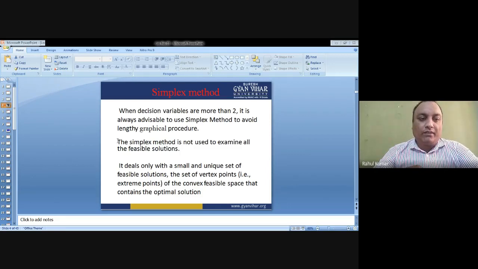It deals only with a small and unique set of feasible solutions, the set of vertex points, that is, the extreme points of the feasible space that contains the optimal solution to the linear programming problem.